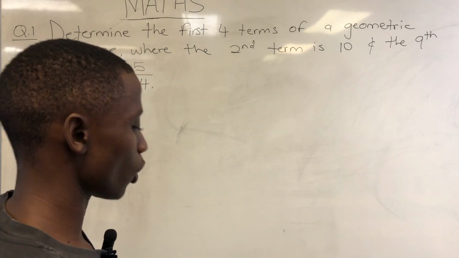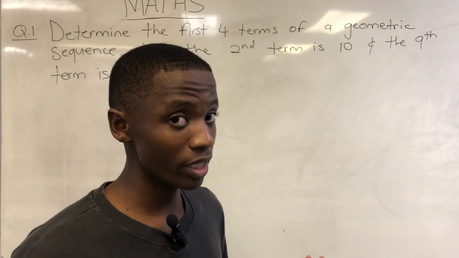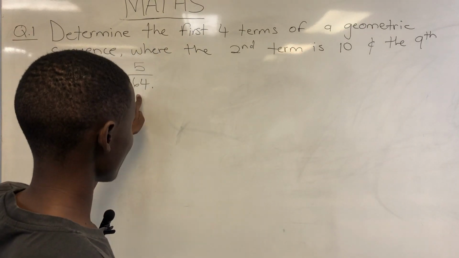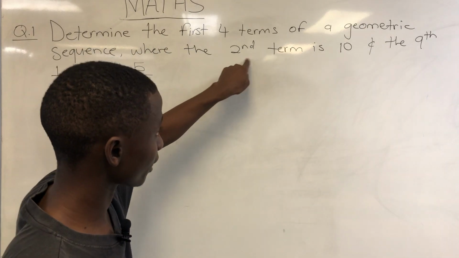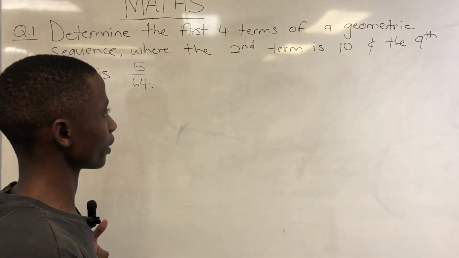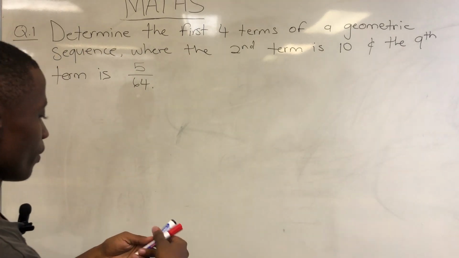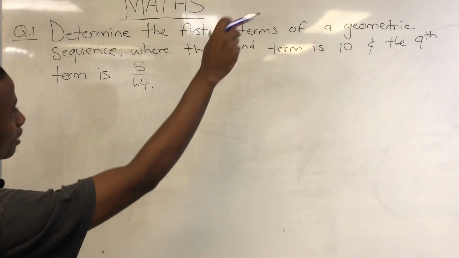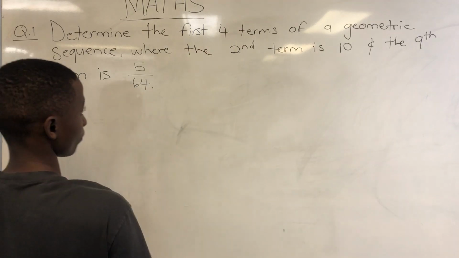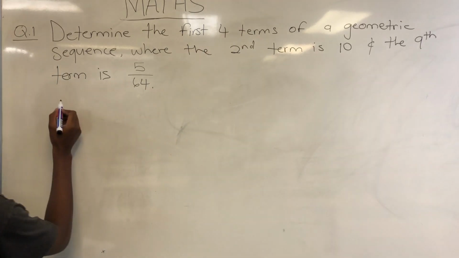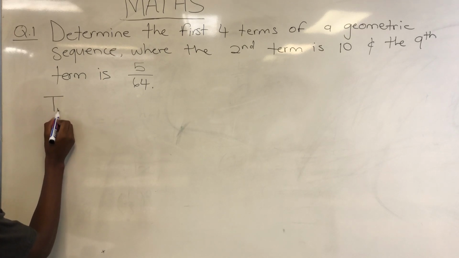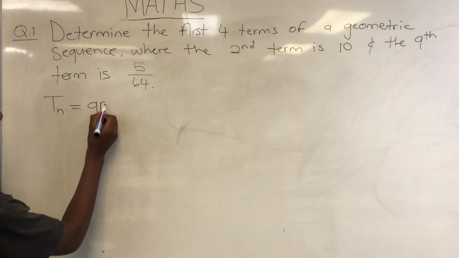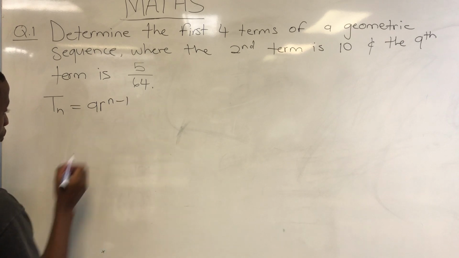So in order for us to get R, we have to divide, right? This one is ahead, the ninth term, and the second term is behind. So in this particular case, the second term is 10. Let's just say Tn is equal to AR to the power of n minus 1.